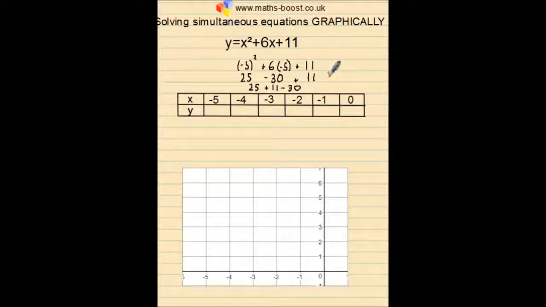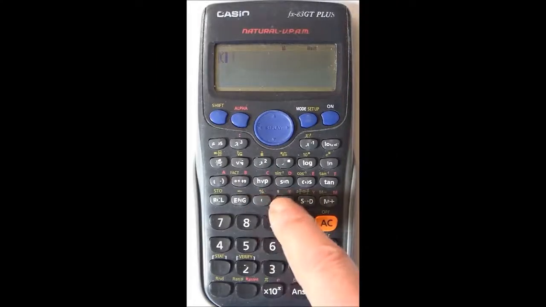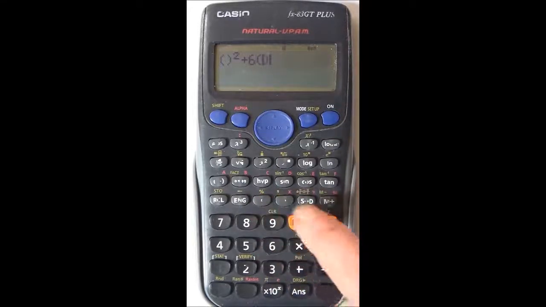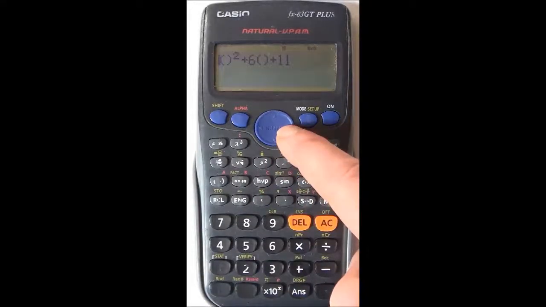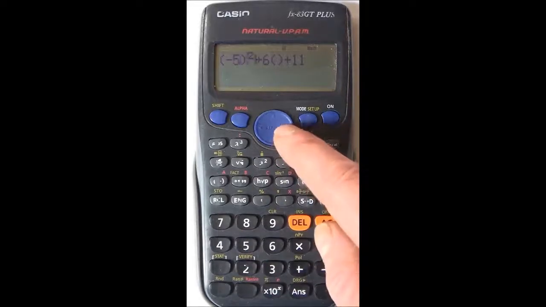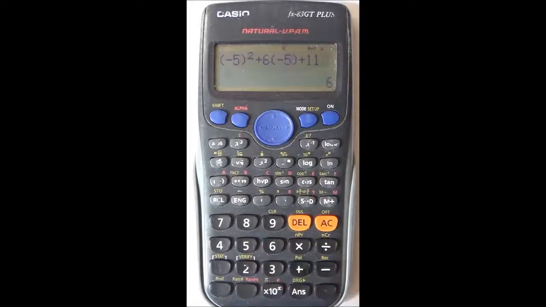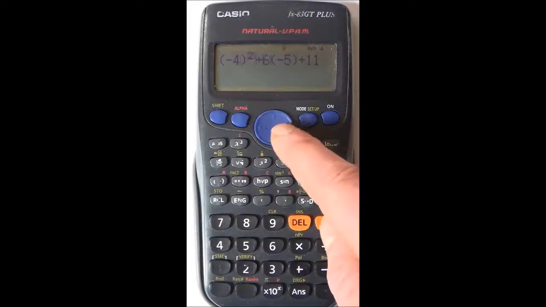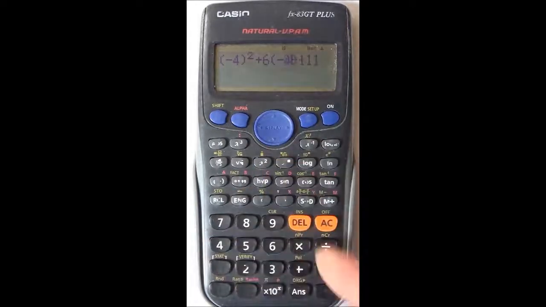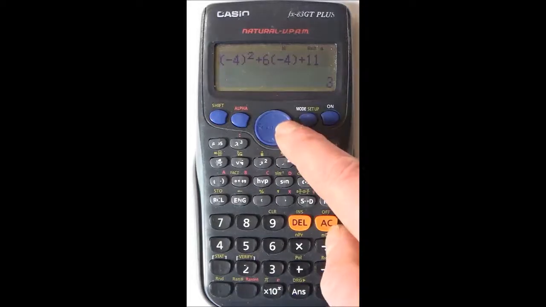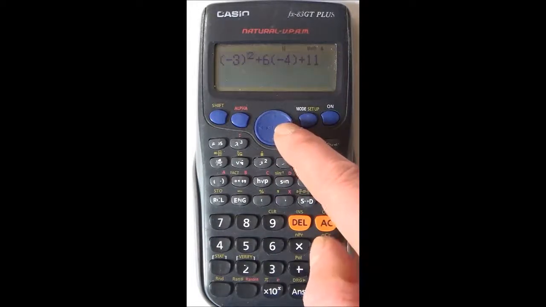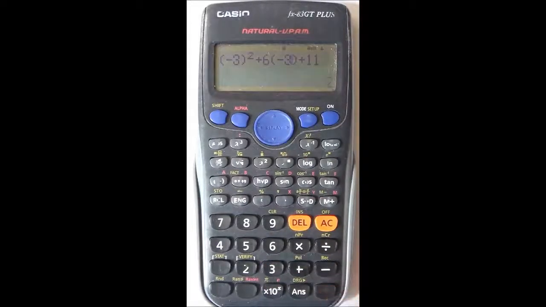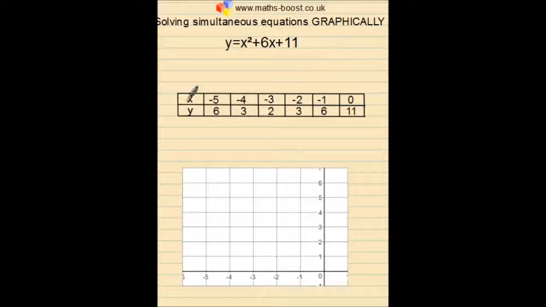On a calculator paper, use your calculator like this. And now that I have a completed table of values, I can read off each coordinate and plot it.